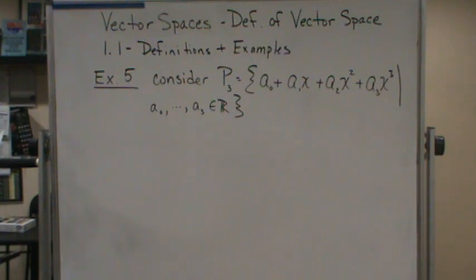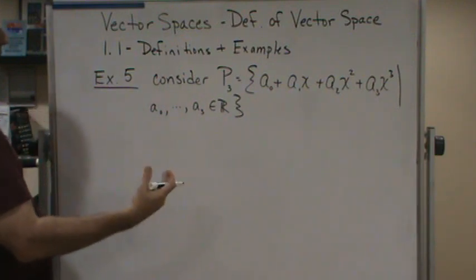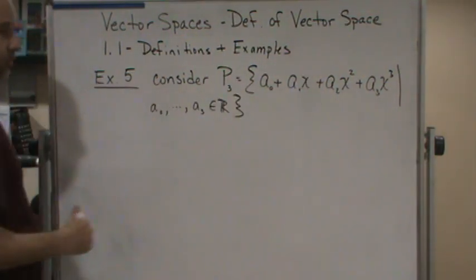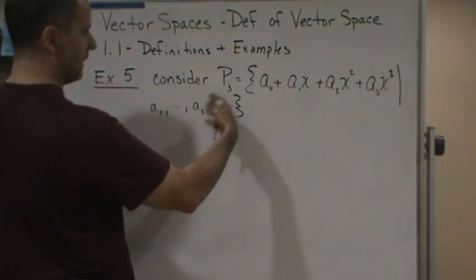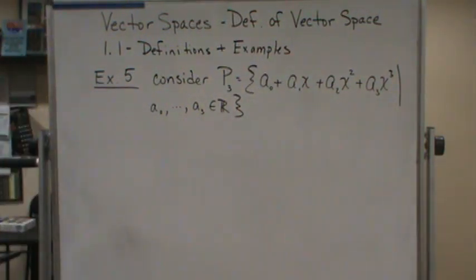Now I'm not going to show all of the operations, or that it satisfies all of the conditions rather, but you can see that it'll definitely satisfy closure. So if you add two polynomials together, you get another polynomial because you have to add like terms. If you multiply this by a scalar, you're going to get another polynomial that's third degree or lower. So the verification that it's a vector space is easy.